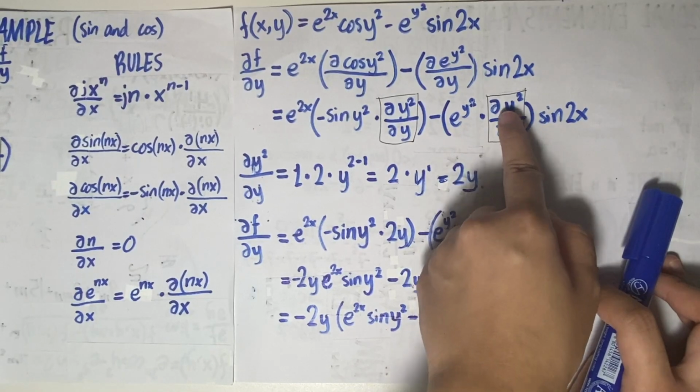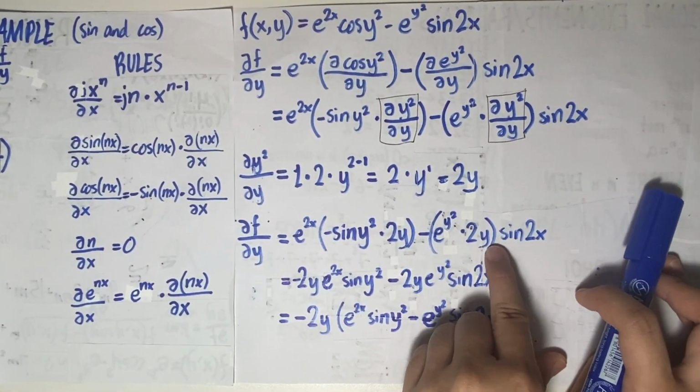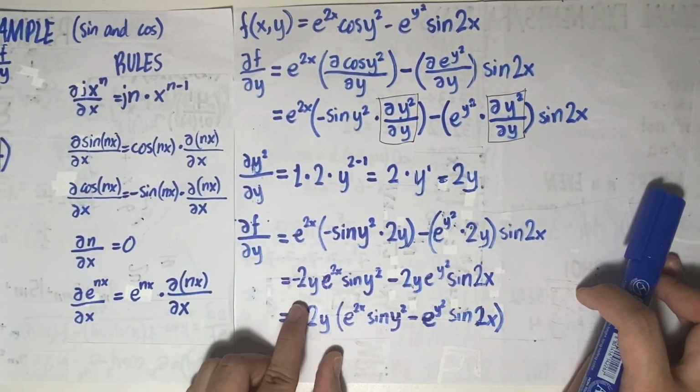Again, because we derived y squared, got that the value is 2y, so that's written there. Then times sine 2x. So let's rewrite it in a way that's a bit clearer.